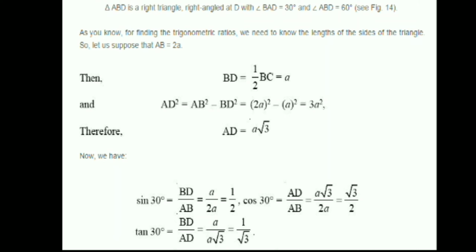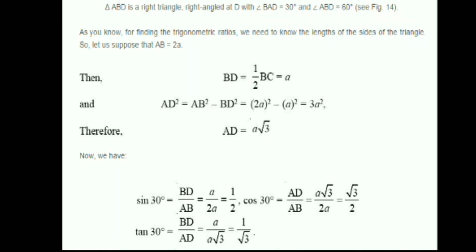No need to get confused about why we are taking 2A: we are taking it because BD is equal to half BC. If we divide, it will be a long calculation, that's why in place of small a we are taking the sides 2A. Got it? If you want, you can also solve using the sides small a. Same values will come, no need to worry.